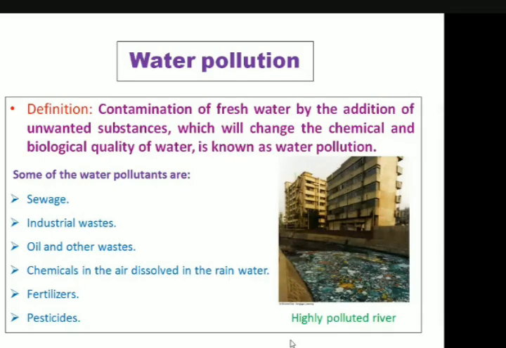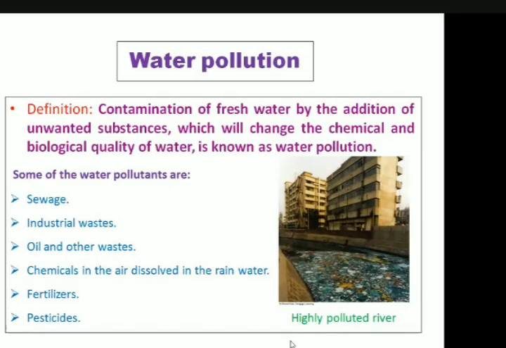When farmers use excess fertilizers and pesticides in the crop fields, the runoff water may contain toxic chemical fertilizers and pesticides, and this will lead to water pollution. Water pollution means the presence of any toxic material in water that alters the quality of the water.